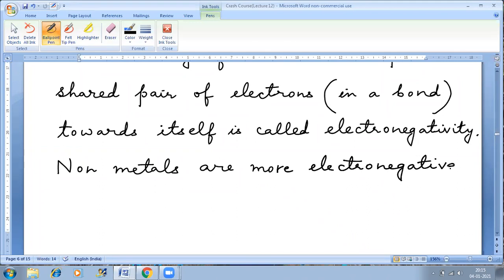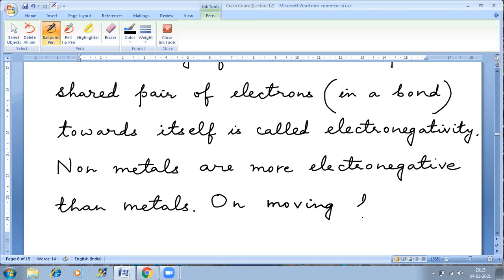So in general, non-metals are more electronegative than metals.